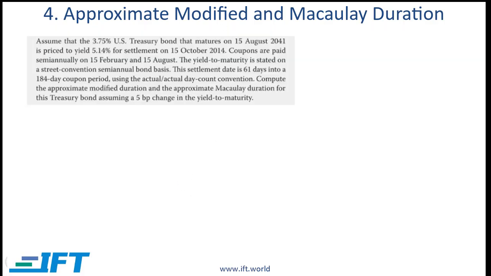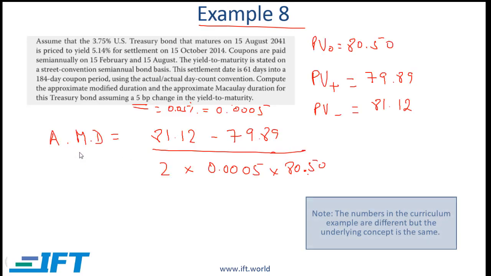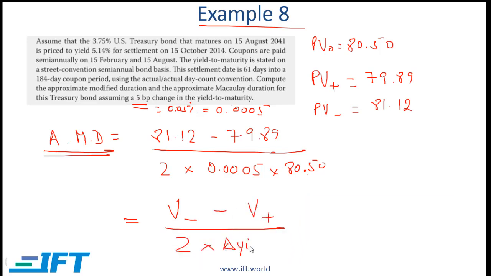Now let's take a look at example 8. For this question, I'll skip some of the details and get straight to the approximate modified duration. Remember, the formula for approximate modified duration is V minus minus V plus over 2 into delta yield into V naught.